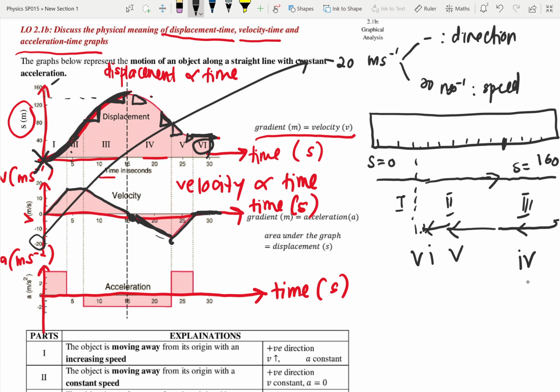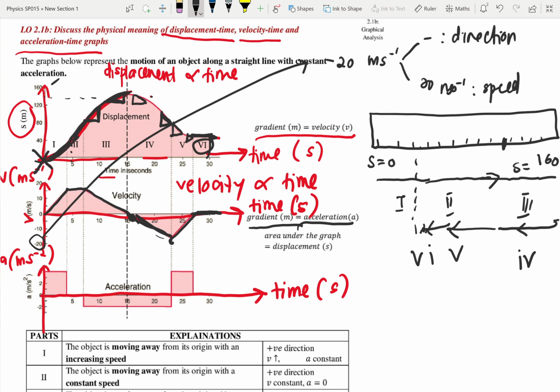The gradient of displacement against time represents velocity, and the gradient of velocity against time graph represents acceleration.